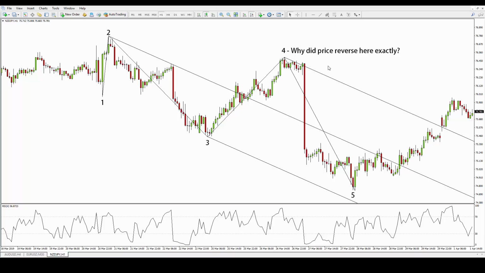Take a look at the tail of this new pitchfork as well. Notice how the tail perfectly touches that ignition point in the vector from number 2 to number 3. This is yet further evidence that number 4 was indeed a reversal point at the time. It's the exact same situation that happened in the up-sloping pitchfork that was drawn previously.